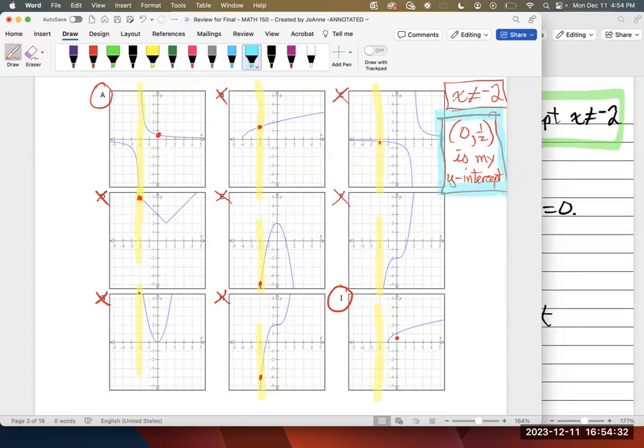So this information tells me that this point 0, 1/2 has to be on my graph, and the only one that has that is A. So this is the final answer. A is the graph. If given these options, the only one that can be the graph of this function, k of x equals 1 over x plus 2, the only graph it can be is A.